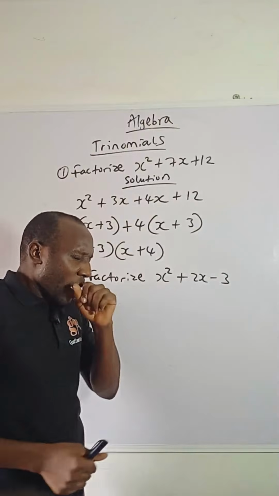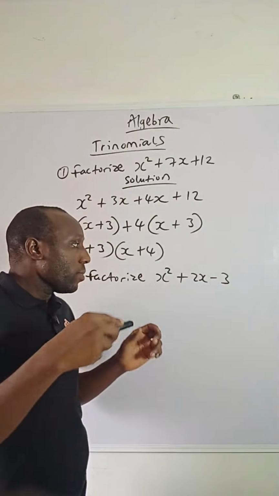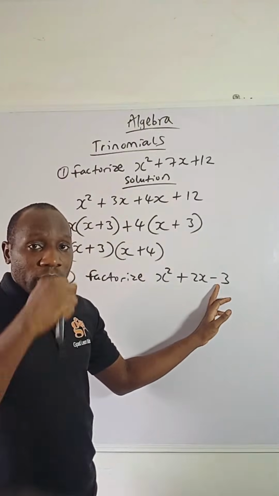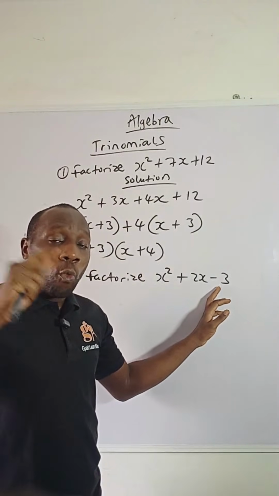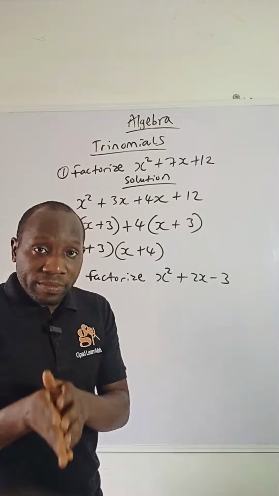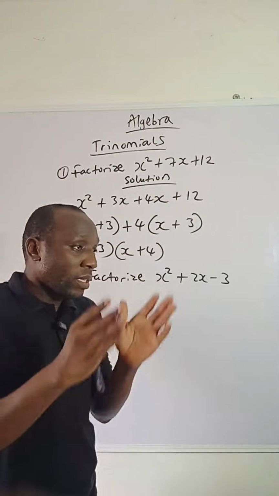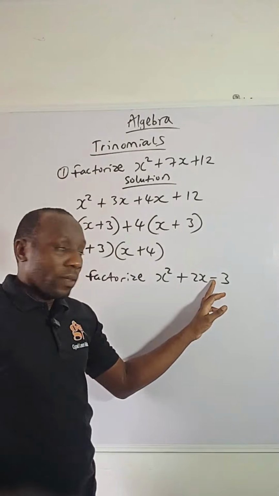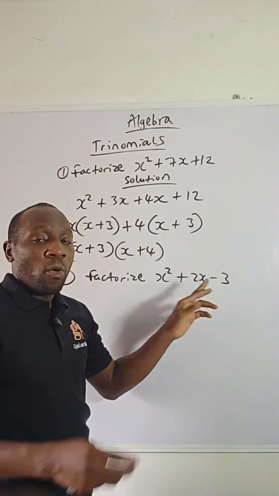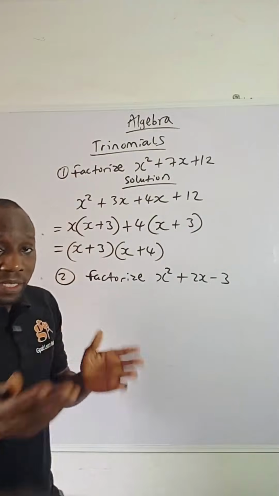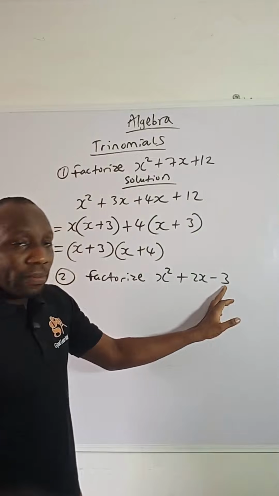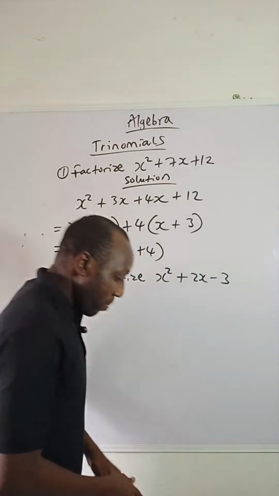One of the factors must be negative, because when you multiply the two factors you get -3, and negative times positive will give negative. But if you pick two negative factors, when you multiply them, you get +3. But that's not what we have here. So be mindful of that.